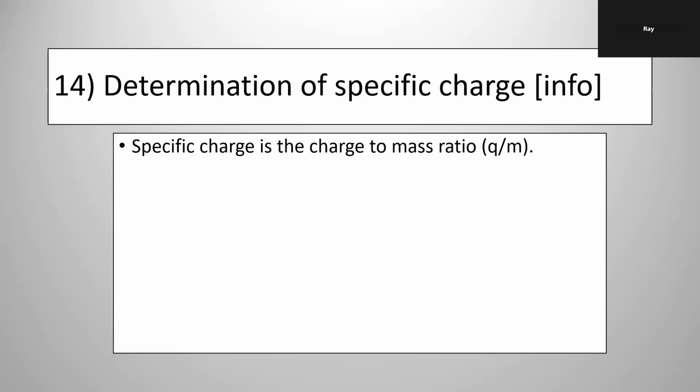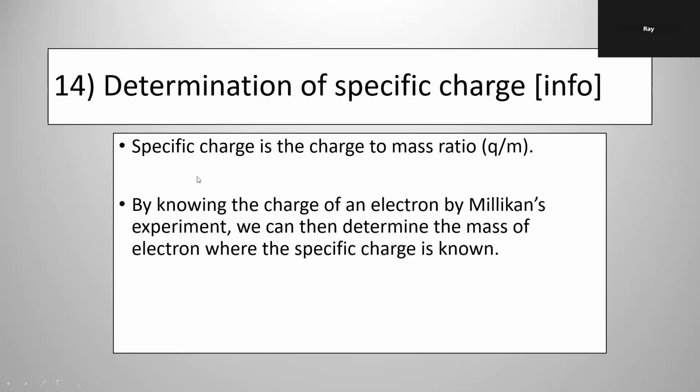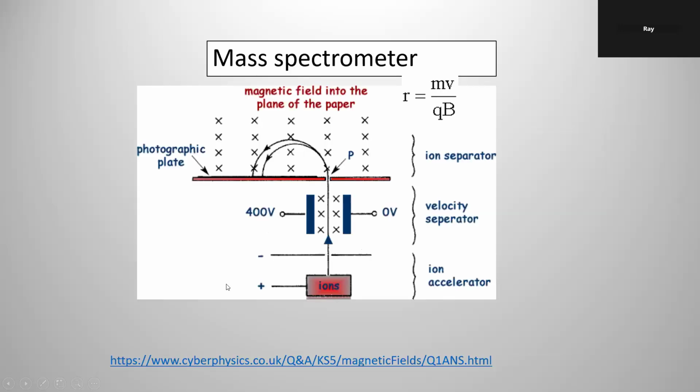Specific charge is the charge to mass ratio. By knowing the charge of the electron from Millikan's experiment, we can determine the mass of the electron when the specific charge is known. e over m can be known, e is known, then mass can be known. There's a mass spectrometer, you don't need to know. There's the ion source, a velocity selector, and the ion separation.